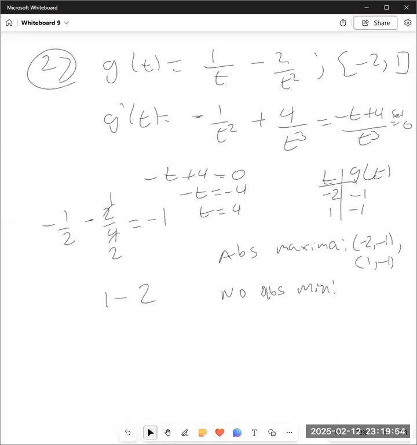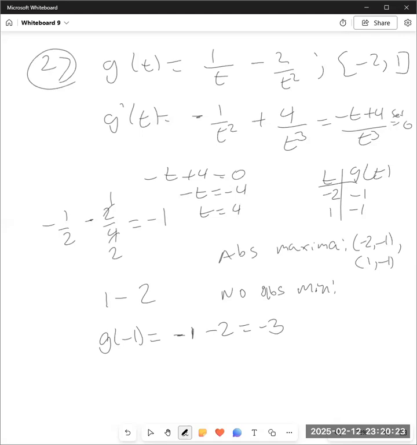Let's pick any other point that is in between my endpoints, like -1, and see if it's higher or lower. So if I were to pick G of -1, that'd be -1 minus 2 is a -3, which is lower here.